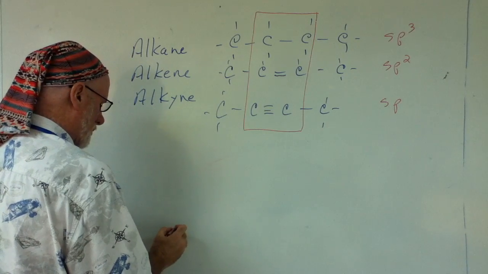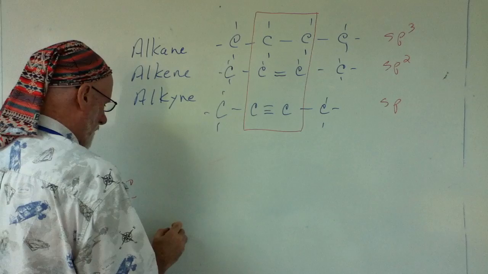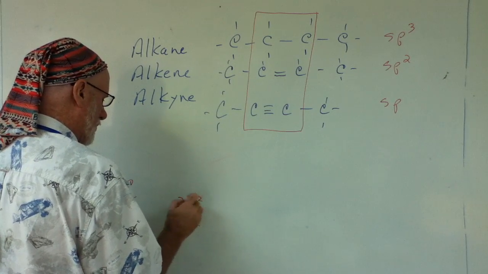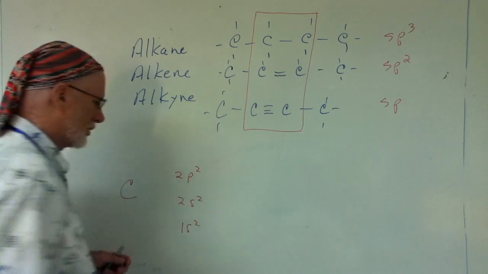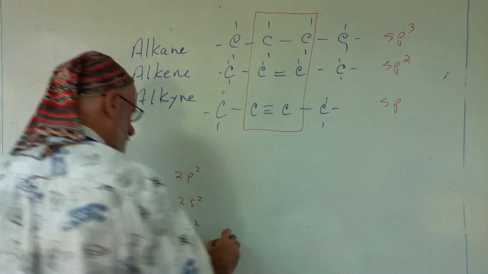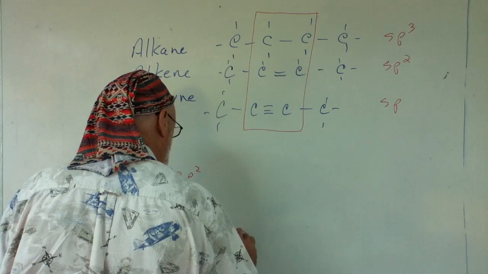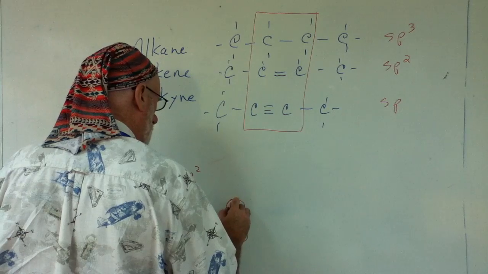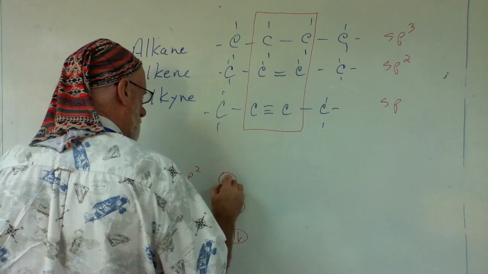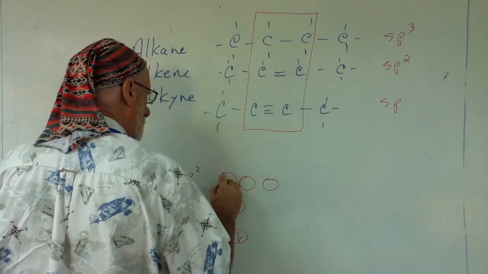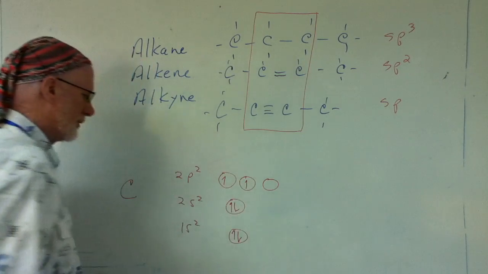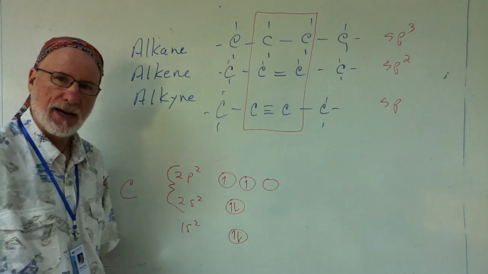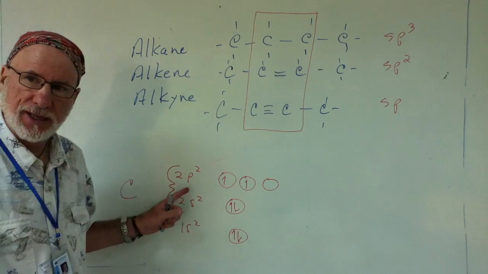We'll go down here, and we'll say this is carbon, and this is the orbital structure. Okay, 1s2, 2s2, 2p2. Correct? So this is going to be 2 electrons in that orbital, and then 2 electrons in this orbital, and then 2 electrons in this orbital. Right? Now this is the valence shell, correct? That's where the bonding is going to take place.